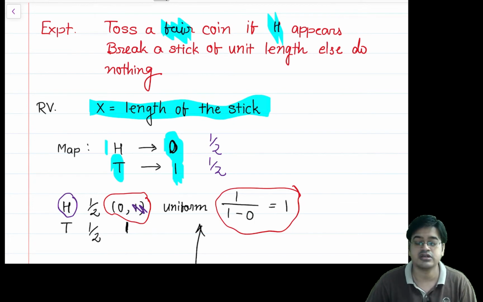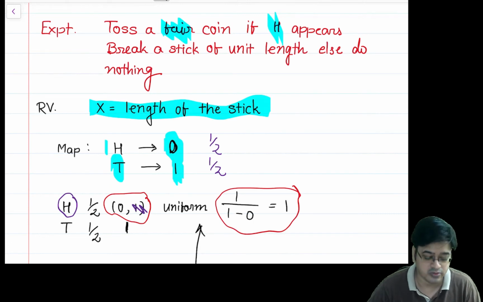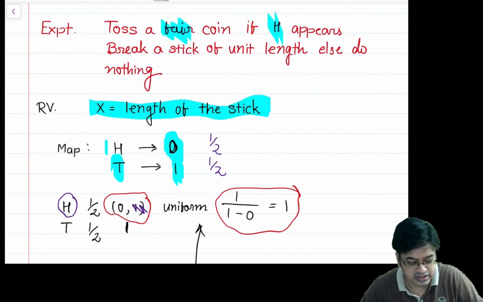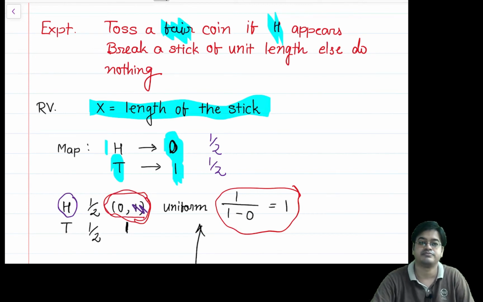So this particular random variable will not come under the category of continuous random variables for sure. Is the random variable discrete? If it is discrete, then it should take at most a countable number of values. What values is this random variable taking? It is taking values in the interval 0 to 1, which is not countable.